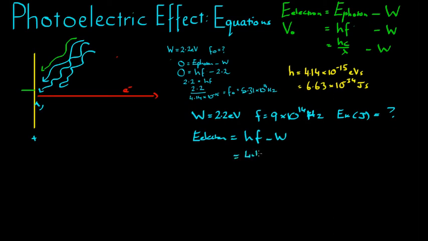So that's 4.14 times 10 to the negative 15 multiplied by 9 times 10 to the 14, take away 2.2. I have that down here as 1.526. So we'll say 1.53 electron volts. I'll just check that now.